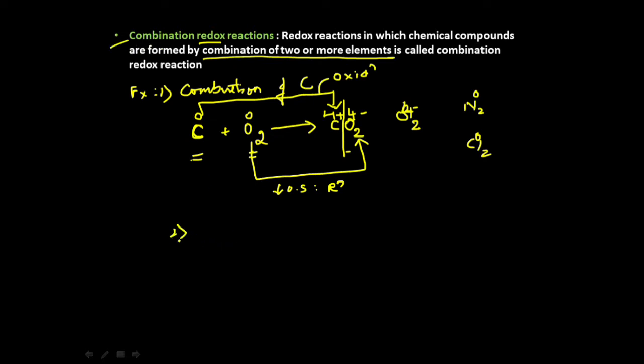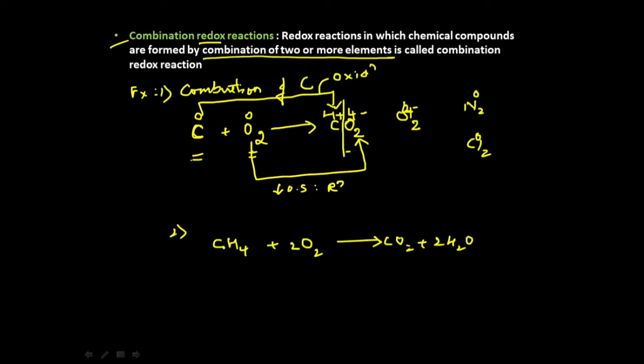Second example you can take, that is methane. Combustion of methane: CH4 plus oxygen giving carbon dioxide plus water. Balance this: CH4 plus 2O2 gives CO2 plus 2H2O. This reaction is combustion of methane; methane is undergoing combustion in the presence of oxygen.